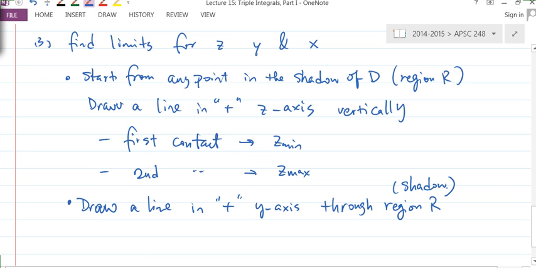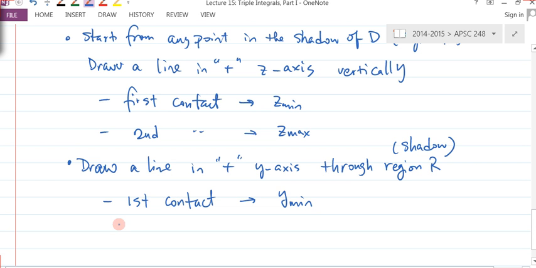And the first contact, guess what? Gives you this y min, and the second contact gives you this y max.